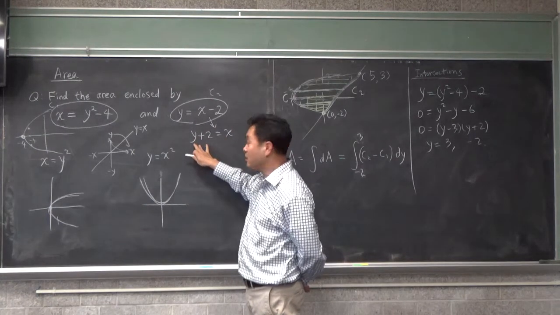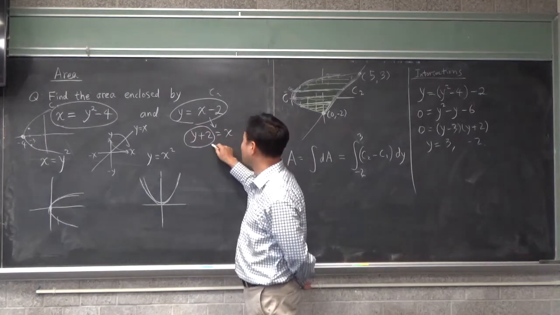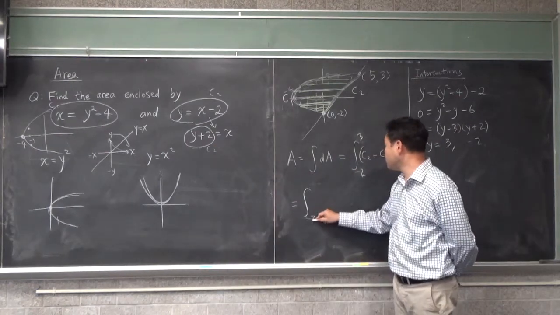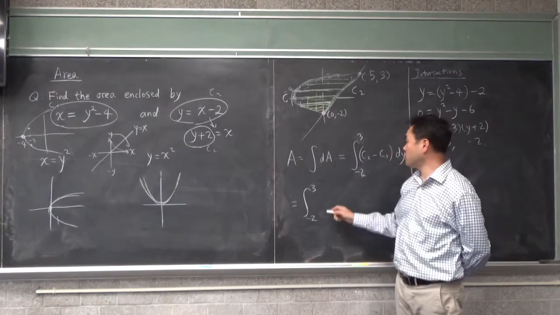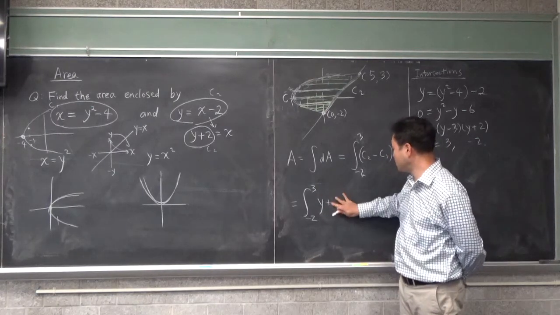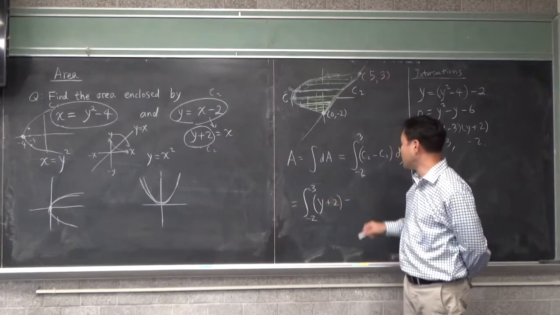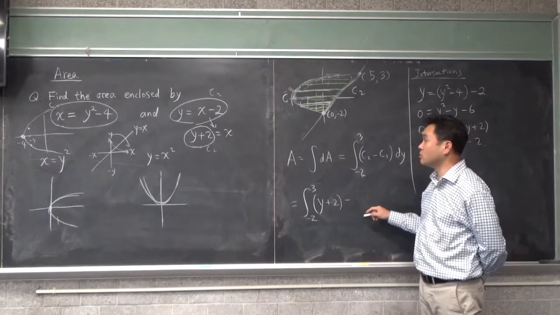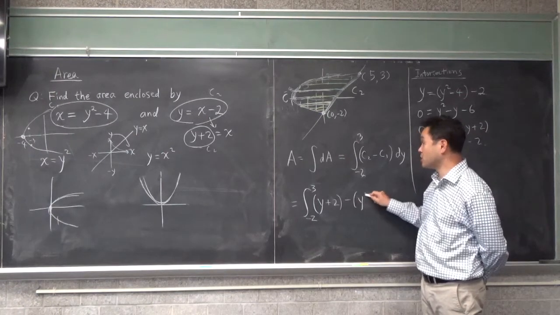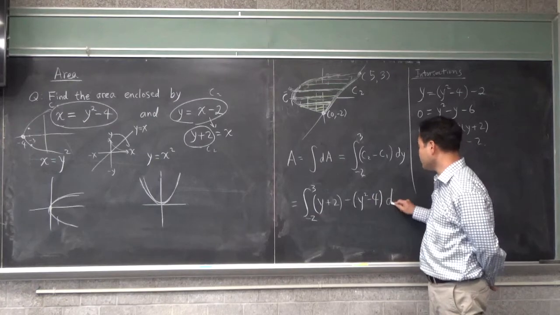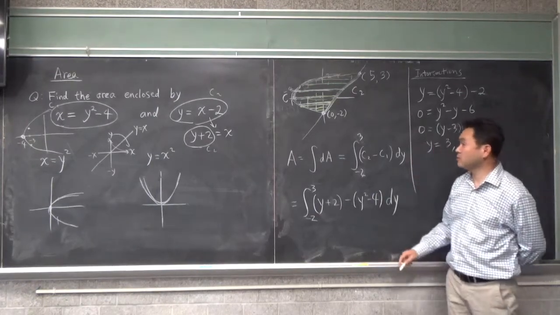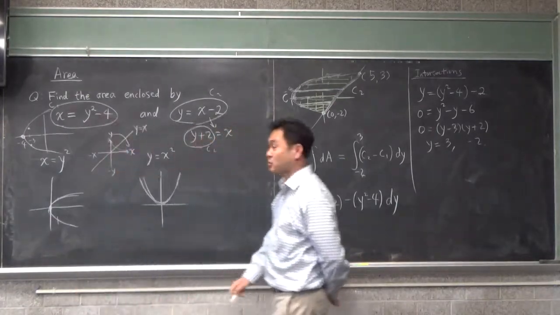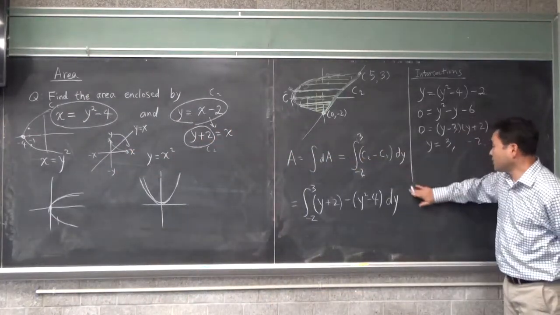And this is what we need to put for C2. So C2 would be y plus 2, from negative 2 to 3, minus y squared minus 4. So I have C2 minus C1, so this minus that. That's what I have. Okay.